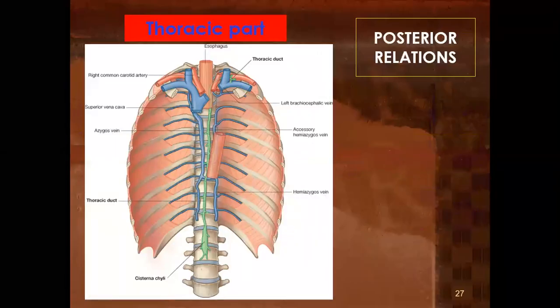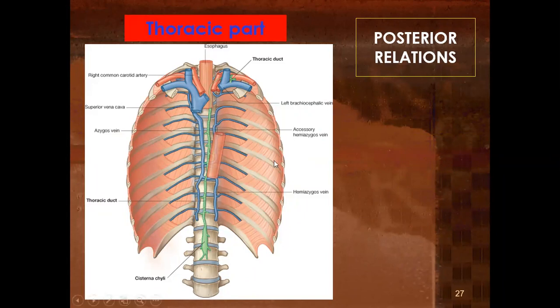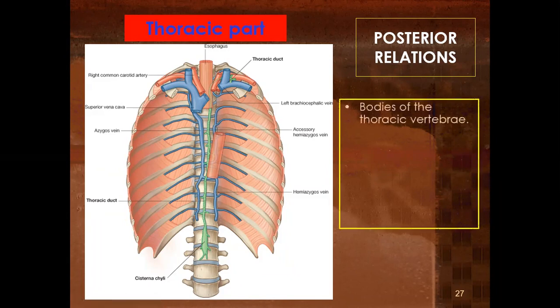Now coming to the posterior relations, we saw that it is totally in contact with the vertebrae. Here is the esophagus, and here it has been cut so that you can see what the posterior relations of the esophagus are. Posteriorly, one is the thoracic vertebrae as well as their intervertebral disc. Along with that, you can also see the thoracic duct.